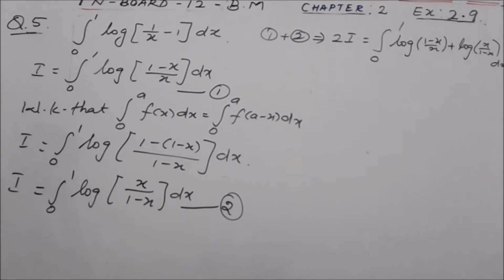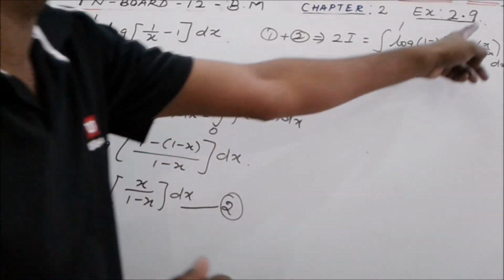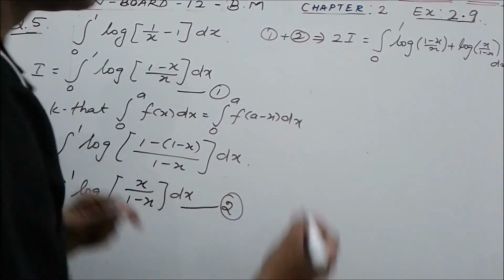Adding the two values, 2I equal to integral 0 to 1 log of (1 minus x) by x plus log of x by (1 minus x) into dx.